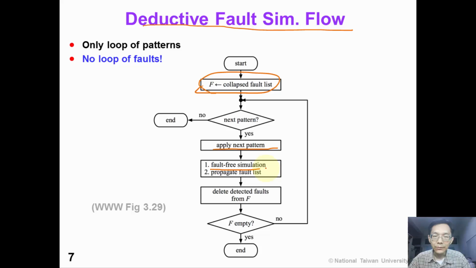We run a fault-free simulation, propagate the fault list through the gates, and we drop the detected faults from F. And we check if there is no more fault in the fault list, then we are done. Otherwise, we continue to the next pattern. Please note that there is only one loop of patterns. There is no loop of faults.